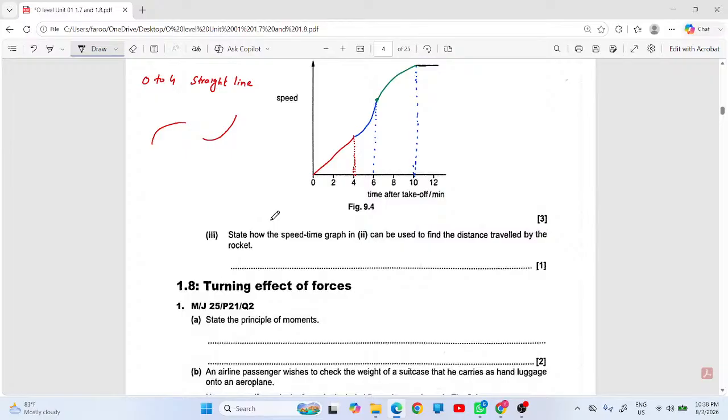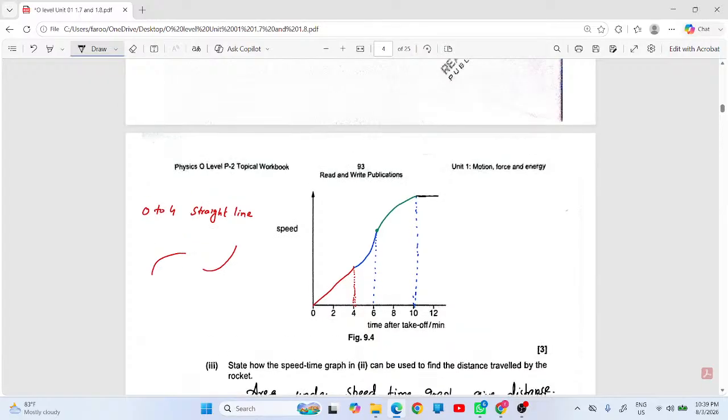Area under the speed time graph gives distance. So your circular portion is now completed. Any confusion?